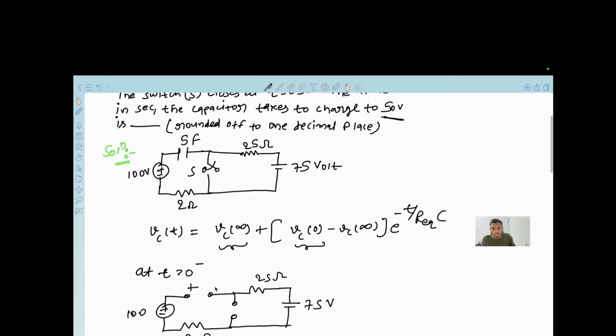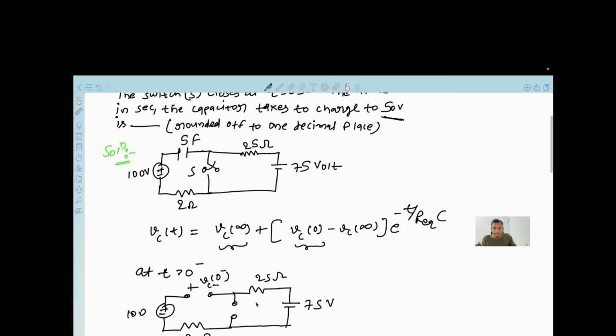Let us suppose this is the capacitor voltage at t is equal to 0 minus. The circuit is not closed, so the current flowing through the circuit will be 0.